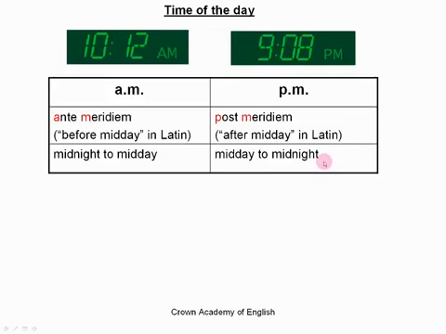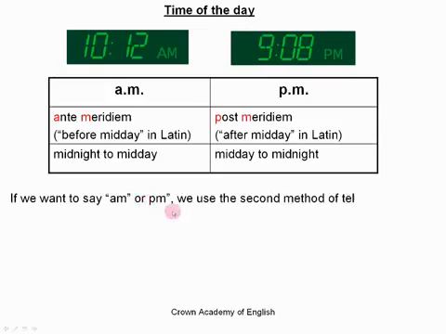So it's the afternoon, evening, and the night until midnight. Okay? And if we want to say AM or PM, then we must use the second method of telling the time. We must not use the first method.